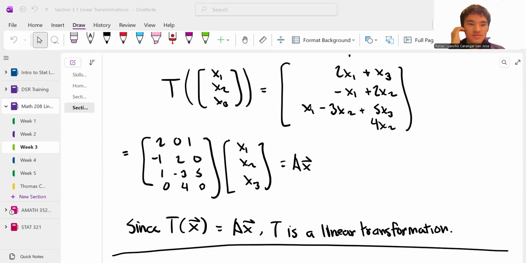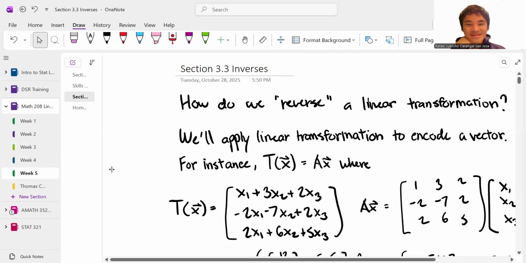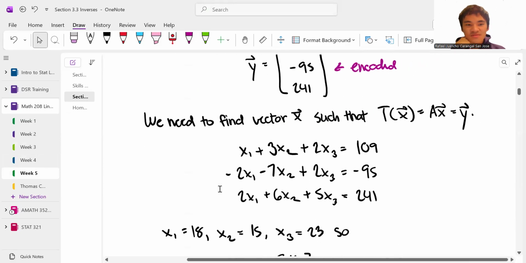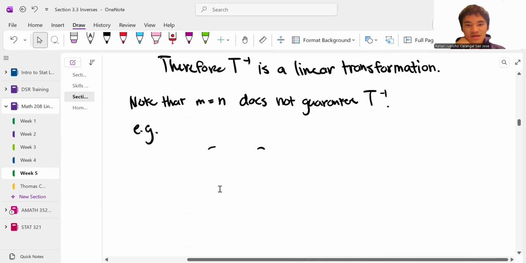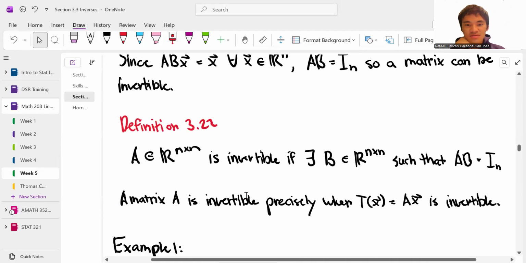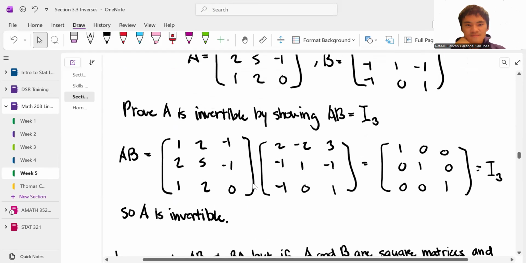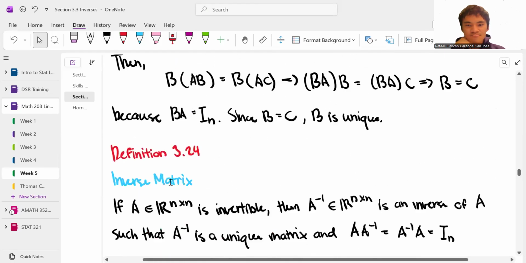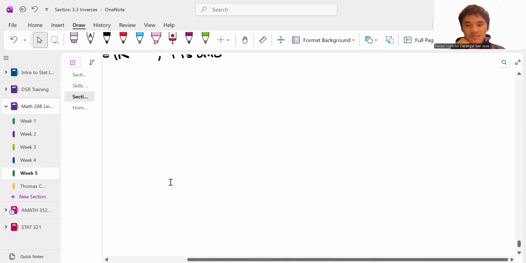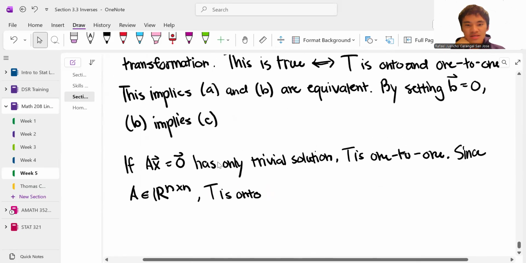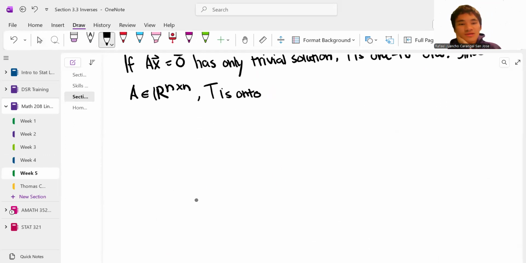So what? So what if there's a pivot in every row? These dots are so hard to connect. Wait, where am I? I'm saying something like A is a square matrix. Oh, I think I know why.